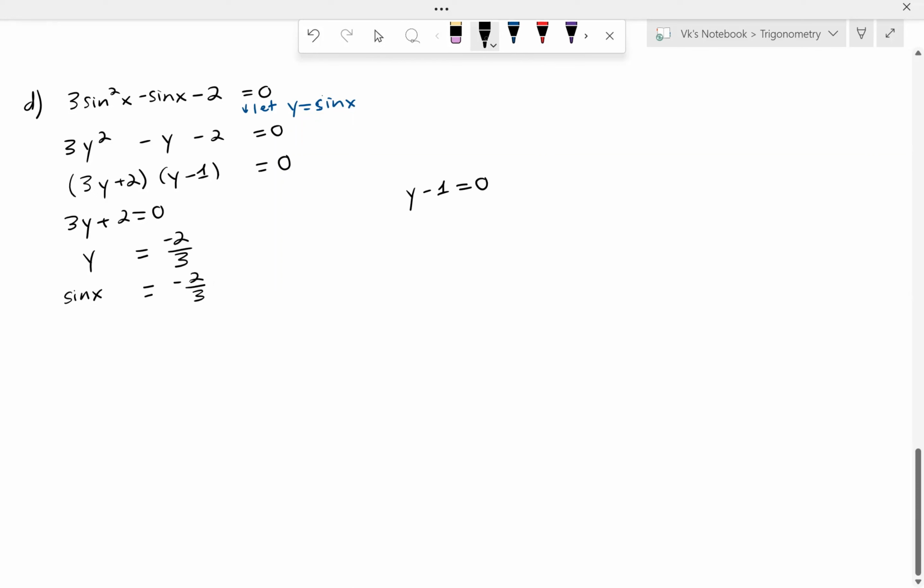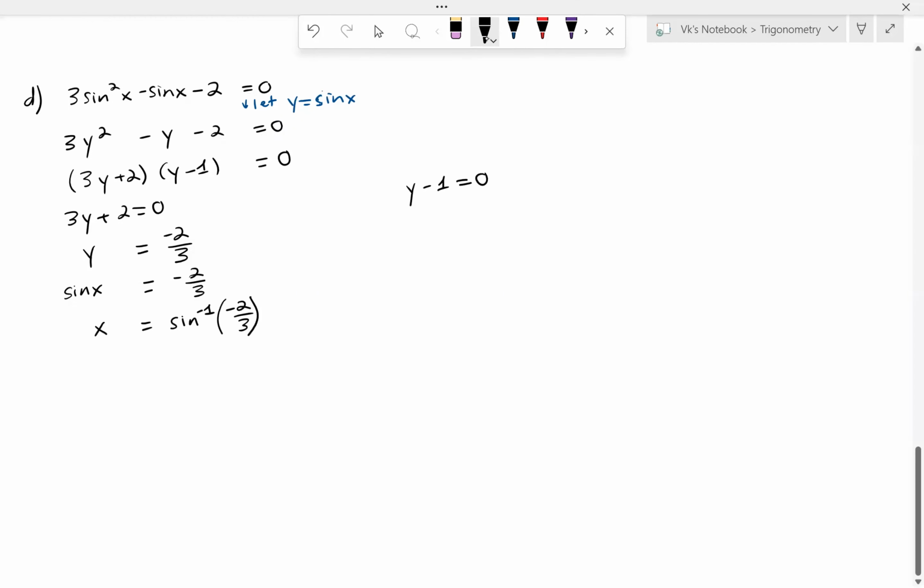Well, there is no common angle that can give us this value, because we only know the common angles: pi over 6, pi over 4, pi over 3. In order to figure out x, we're going to have to use inverse sine of minus 2 over 3. Let's take a look at this.